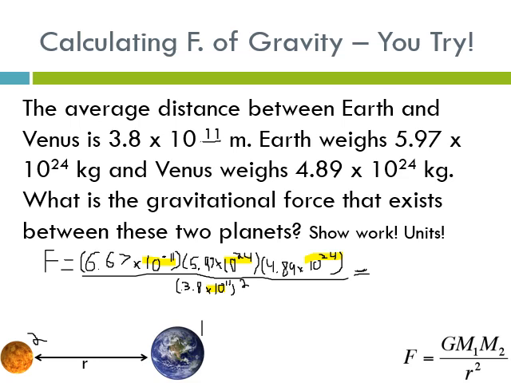So, going to Google, 6.67 times 10 to the negative 11th times 5.97 times 10 to the 24th times 4.89 times 10 to the 24th divided by 3.8 times 10 to the 11th in parentheses, and then all of that squared.